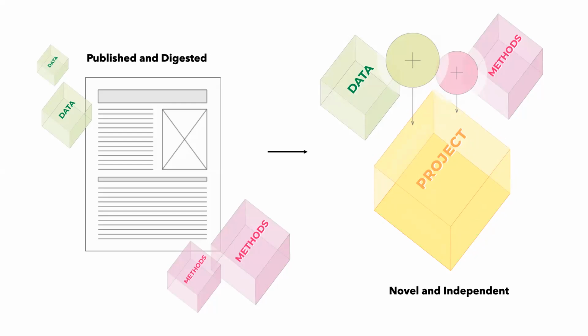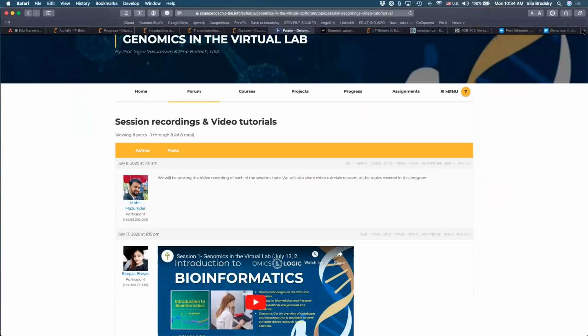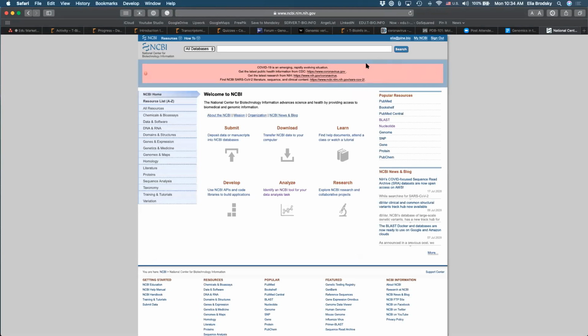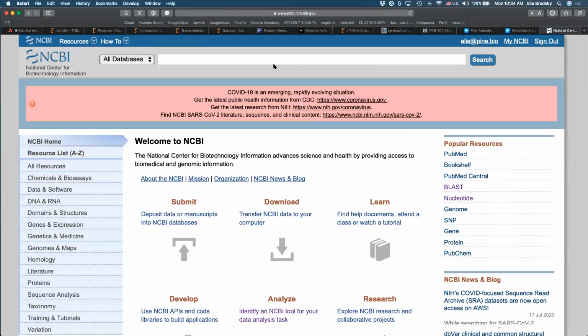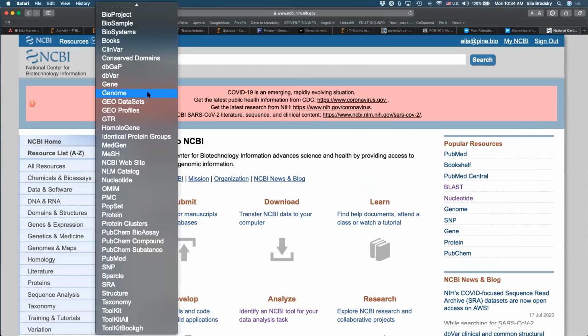Okay, so let's take a look at some of the places where you can actually do that. And I'll start from NCBI, where you can start doing your literature review. Okay, so in NCBI, let's make this a little bit bigger. You have here all your databases, but you can look through specific databases, and this is a very comprehensive repository, right?